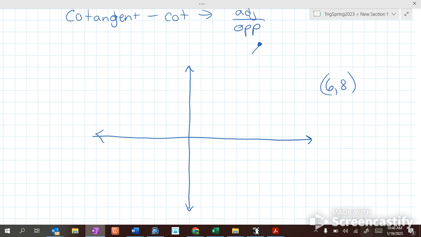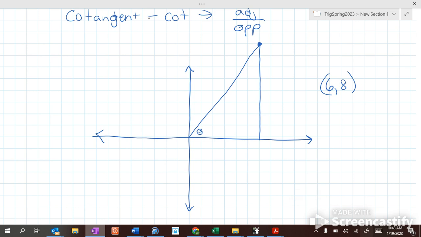What we do is we draw a line to the origin, and then we draw a line from the point to the nearest x-axis. Do not ever draw it to the y-axis. It's always to the x-axis. Here's the angle that we're talking about. It's always by the origin.